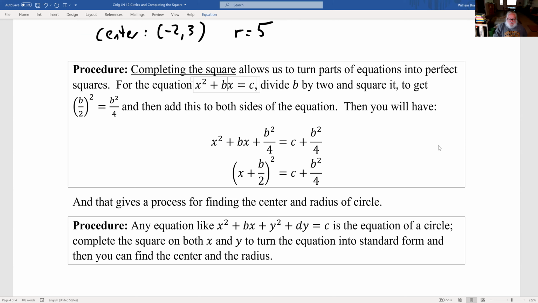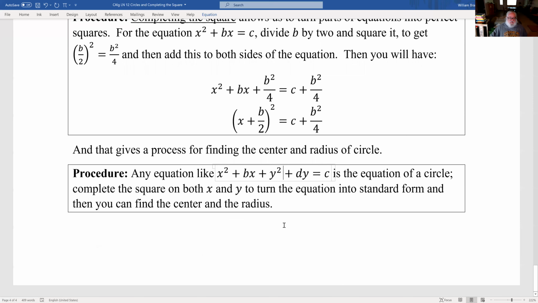And then this becomes x plus b over 2 squared equals c plus b squared over 4. And if you multiply this out, you'll get this. And so that gives us the process for finding the center and radius of a circle. If you have this, complete the square on the x's, then complete the square on the y's, you can turn it into standard form and find the center and the radius.